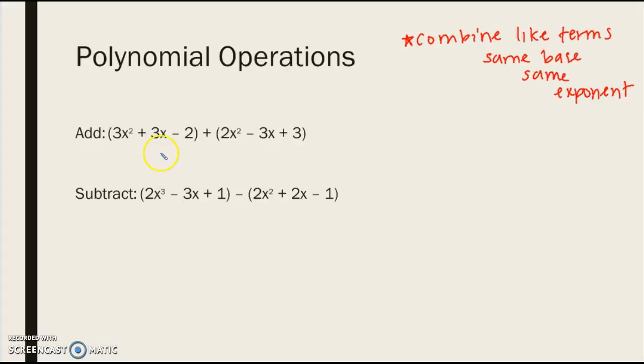So for here, I don't need my parentheses because I'm adding. But I've got 3x squared and 2x squared, 3x and negative 3x, and a negative 2 and a positive 3. Those are my like terms.